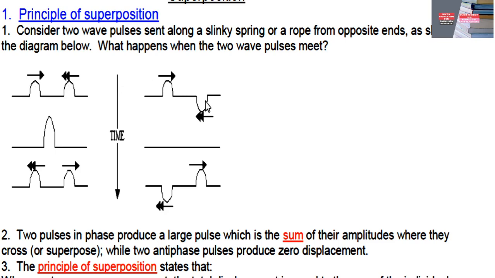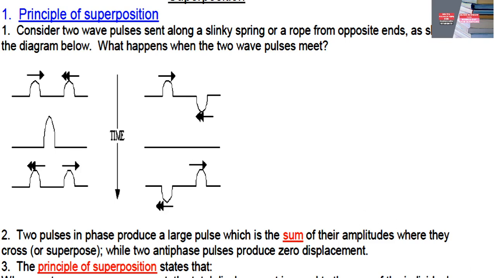Now crest is going to meet trough, and when this happens, there's going to be cancellation of the two displacements from the waves, and then after that the wave that was moving to the left continues moving to the left, and the one that was moving to the right continues moving to the right. So two pulses in phase produce a large pulse, which is the sum of their amplitudes, where they cross or superpose, while two antiphase pulses produce zero displacement, as you can see.